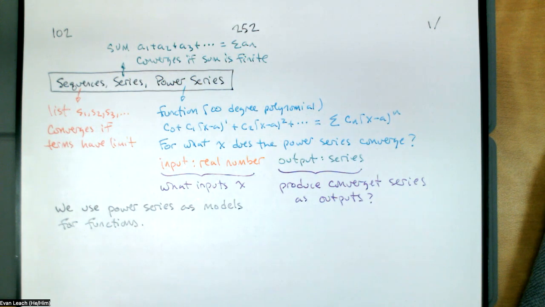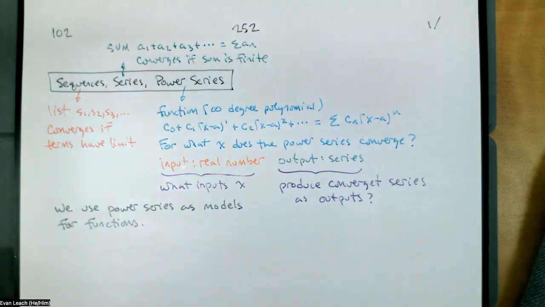One of the things that we want to do with all this is to use a power series as a model for a function. This is because this means we can approximate a function with a polynomial.